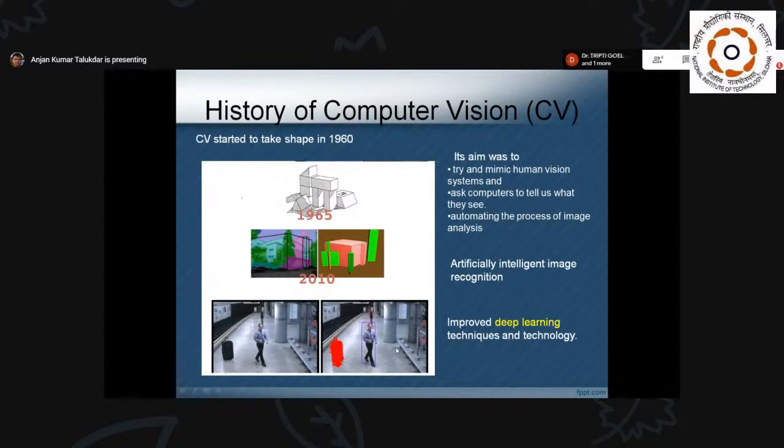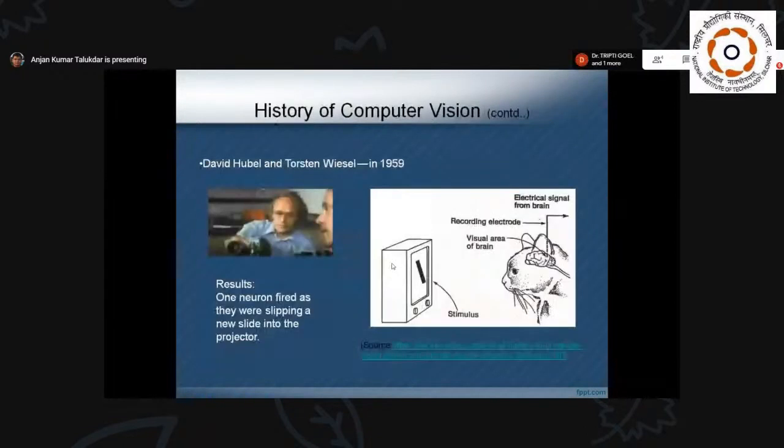So now this is a journey, and I will now go through some important phenomena, like in 1959, how computer vision started.